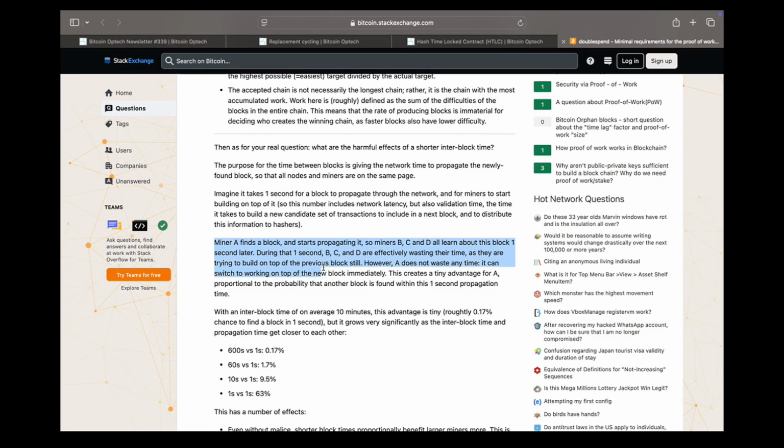During that 1 second, B, C, and D are effectively wasting their time as they are trying to build on top of the previous block still. However, A does not waste any time. It can switch to working on top of the new block immediately. This creates a tiny advantage for A, proportional to the probability that another block is found within this 1 second propagation time, right?